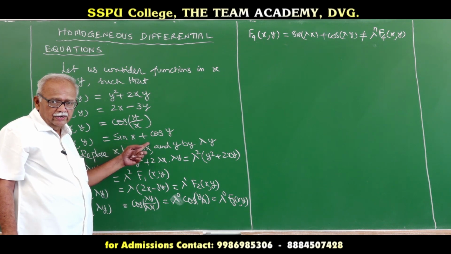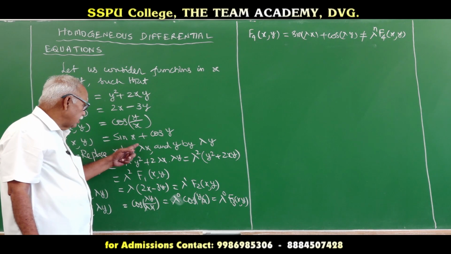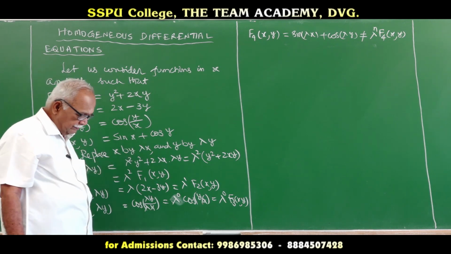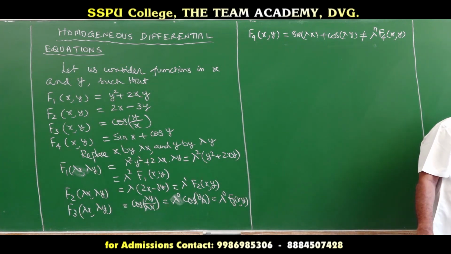But here we cannot say that it is homogeneous. Sin x plus cos y, the fourth function, we cannot say that it is a homogeneous function. So, what is the definition of a homogeneous function? Let us take that.